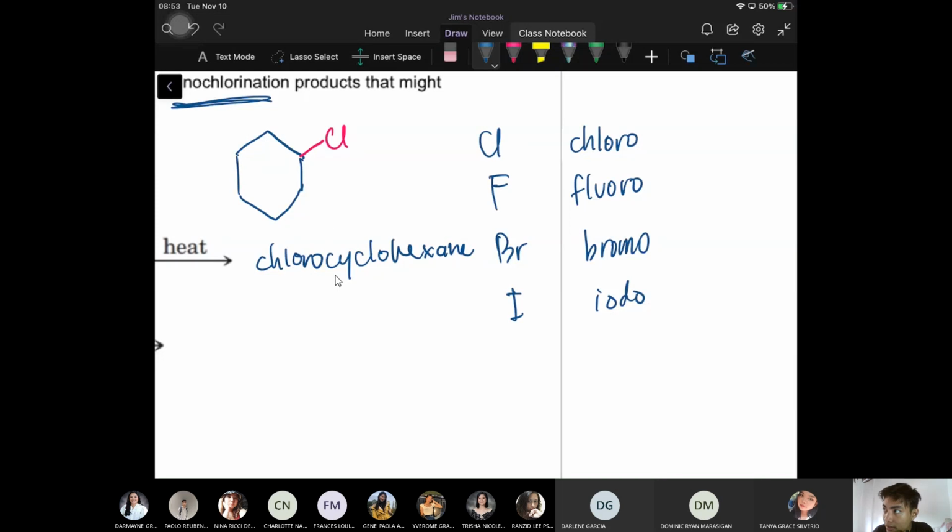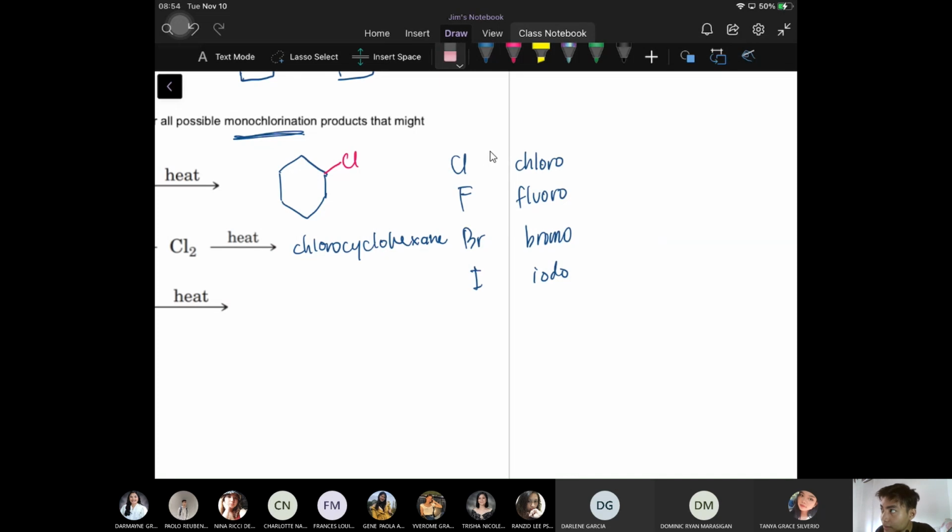So, chloro-Cl, cyclohexane, ito yan. By the way, if isa lang yung substituent mo, it is not necessary that you assign a locant. Kasi kahit saan mo ilagay yan, ang maging locant yan ay 1. So, it doesn't matter. Kapag isa lang yung substituent mo, pwede na yan. Walang locant. Pero pag dalawa yan, kailangan mo ng locant.